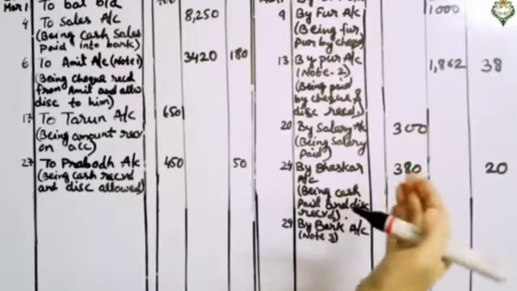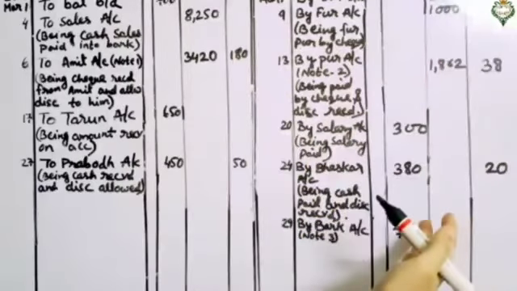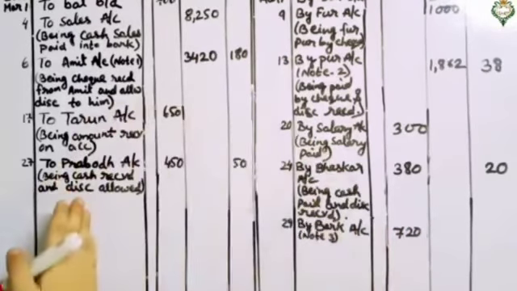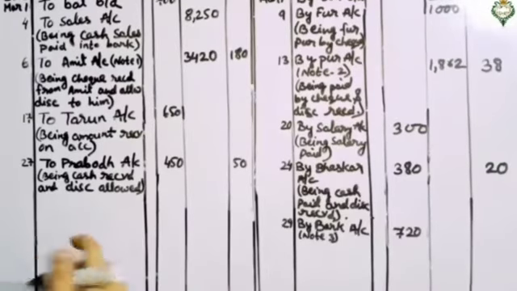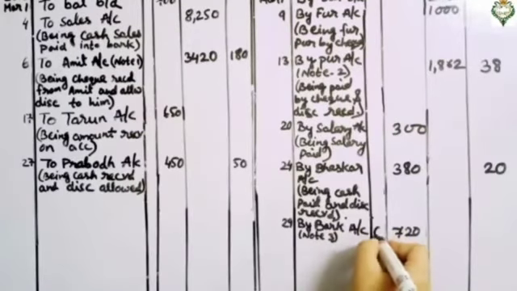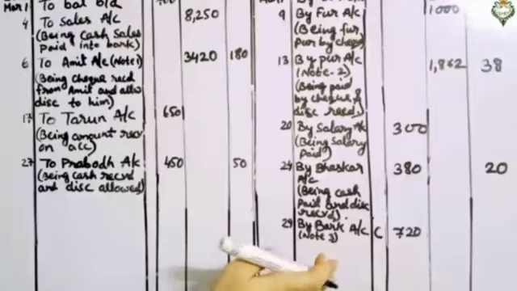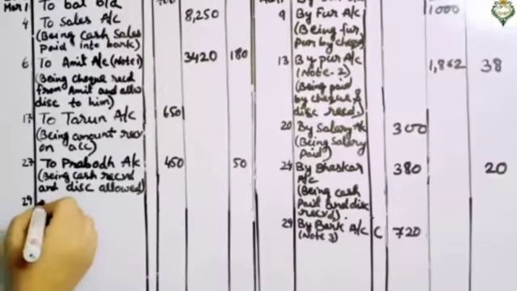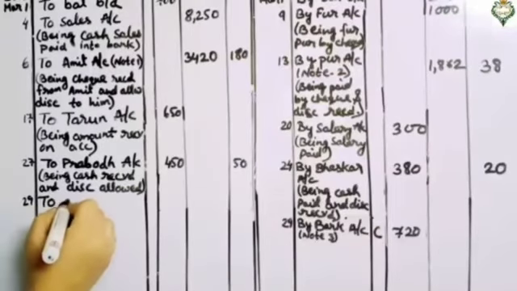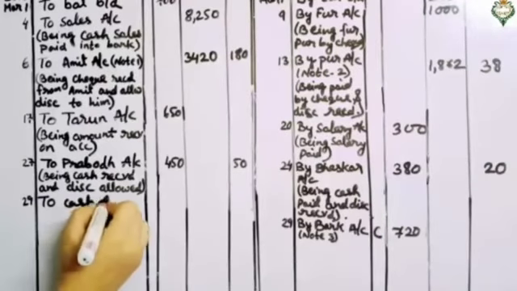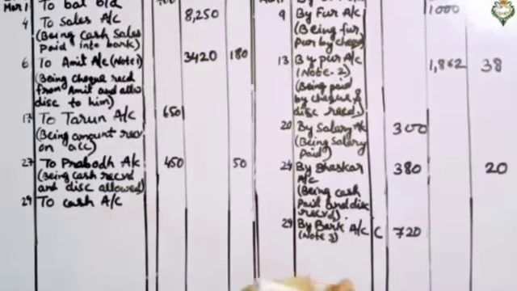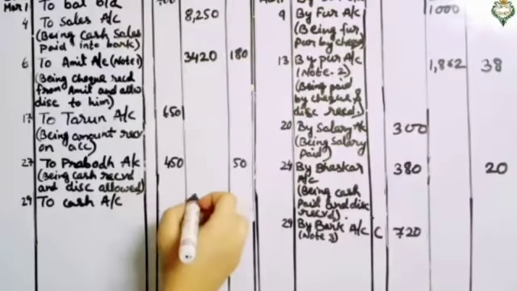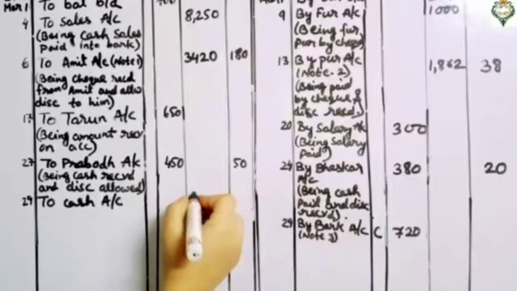So the cash is going out, so we are recording on the credit side, but it will come into the company only, so we have to do the contra entry for this. So we will write C here, and opposite side we have to write the entry by writing to cash account, because we are depositing the cash into the bank, so cash is coming into the business. Here we have to record the same amount in the bank column.